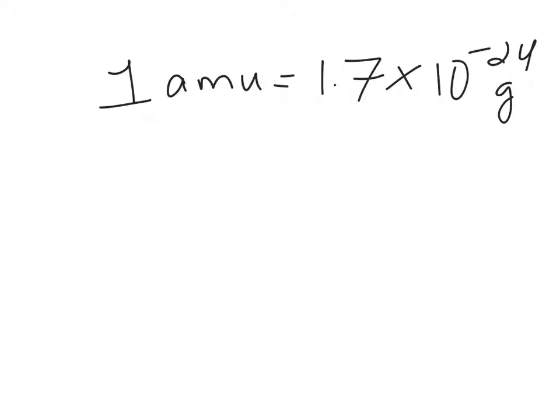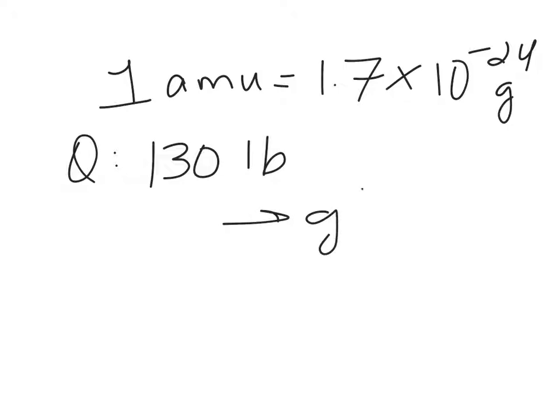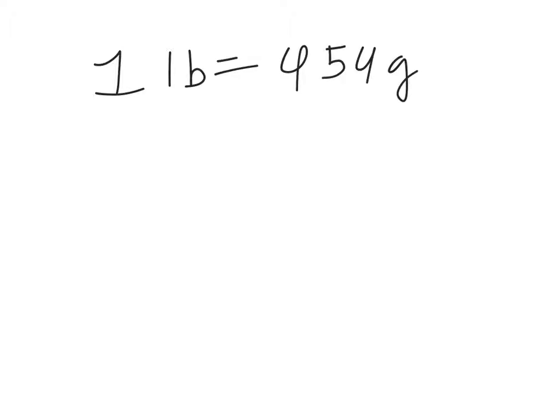Just to give you a frame of reference, let's ask the question: if we had a person who weighed 130 pounds, how much would they weigh in grams? And how much would they weigh if we instead measured their weight in atomic mass units? Well, I know that if I had 1 pound, I would have 454 grams.